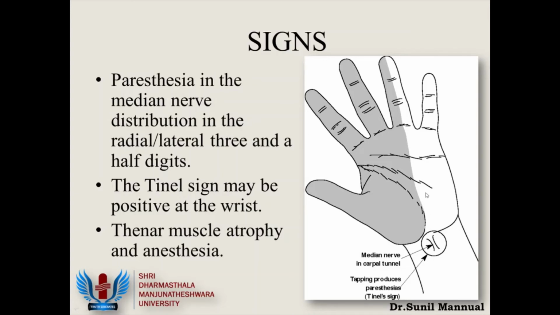Thankfully for carpal tunnel syndrome, the patient is so symptomatic in the initial phase, before he goes into neurodeficit, that the patient will eventually end up with the physician, and therefore a right diagnosis can be made at the right time before the patient goes for permanent neurological deficit.